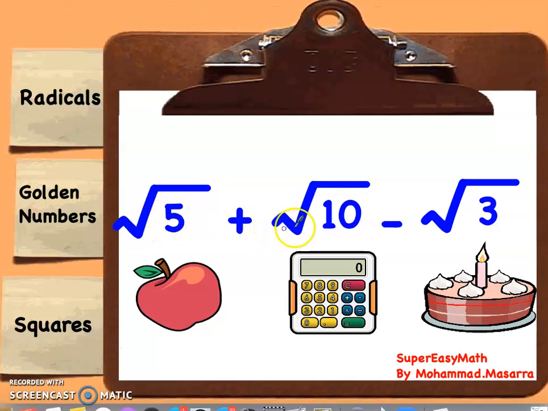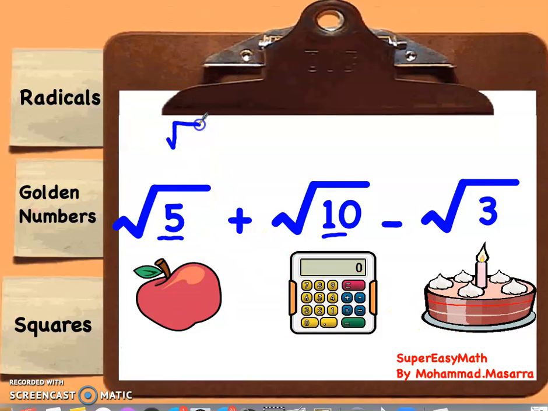So radical 5 plus radical 10 minus radical 3. Adding square roots of different radicands is like adding an apple to a calculator to a cake. I mean, it's not useful to add them. What's meant to add those things together? We won't get anything useful. We can add, for example, an apple to an apple.